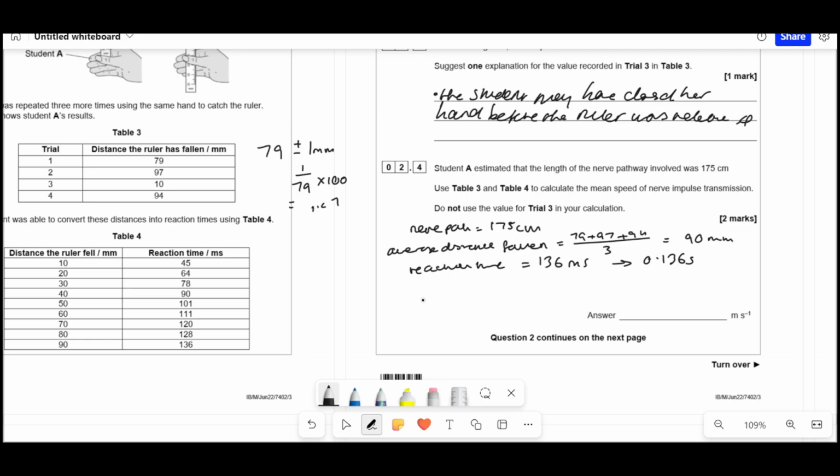The nerve pathway is 175 centimeters, which is 1.75 meters. So it's distance over time, d over t, which is 1.75 divided by 0.136, which gives you 12.86, or roughly 12.9. And that's how you do that one.